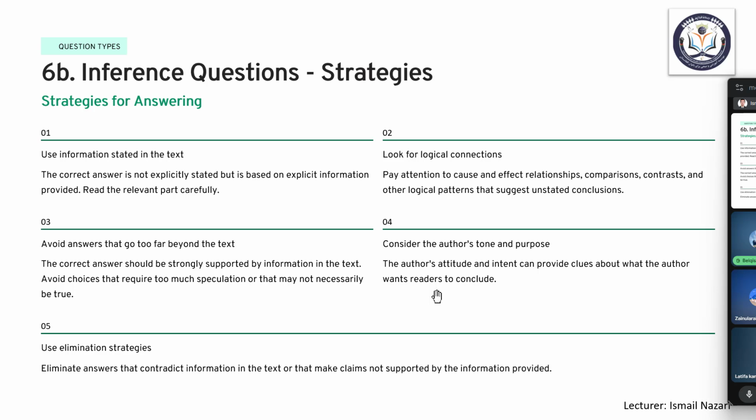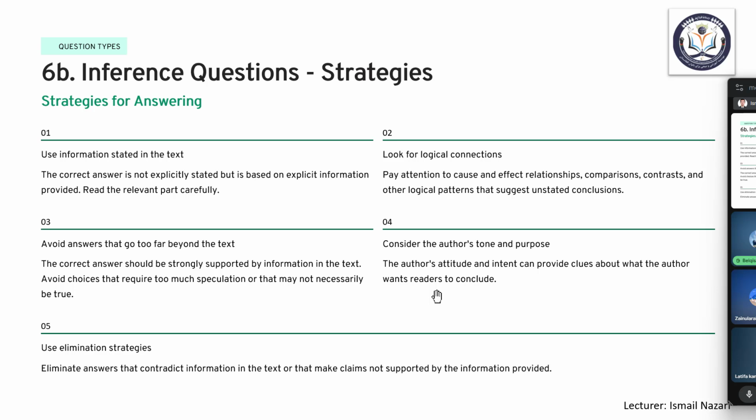Is it going on with cause and effect, comparison, contrast, or other types of logical patterns? Third, look for the answer choices that can give you the indirect message, and avoid the answers that go too far beyond the text, or that say something which is not supported by the text.